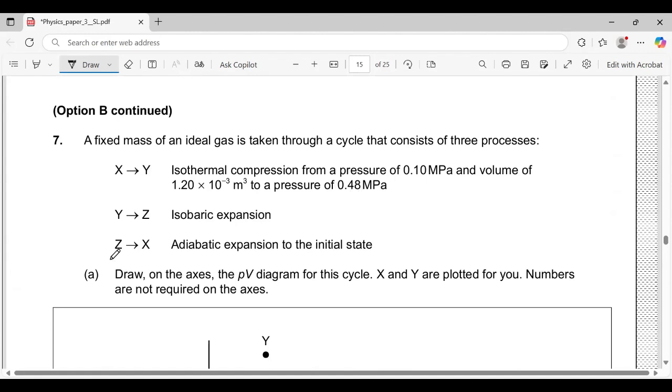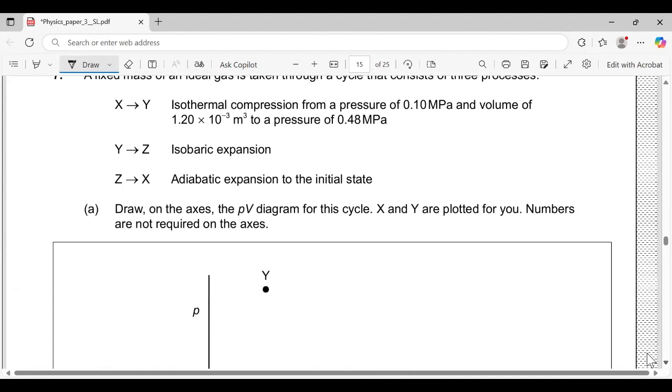Y to Z, isobaric expansion. Z to X, adiabatic expansion to the initial state. Draw on the axes the PV diagram for the cycle. X and Y are plotted for you. Numbers are not required on the axes. We're going to draw this diagram based on this information.